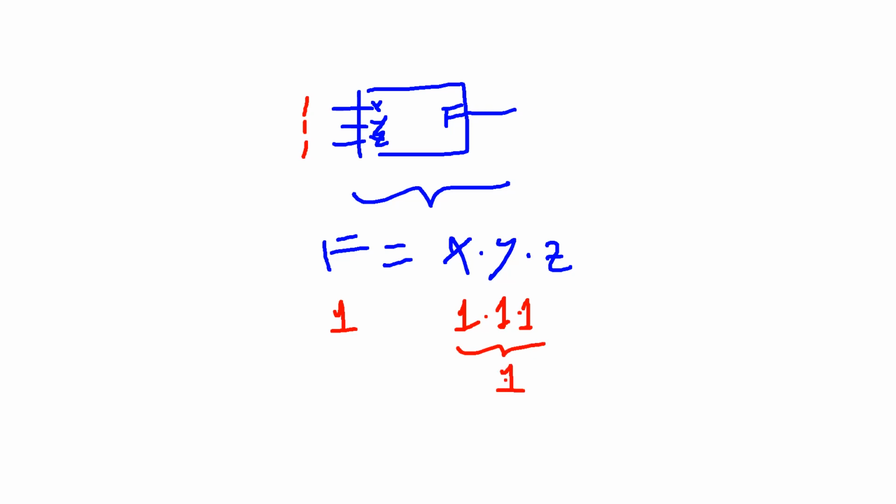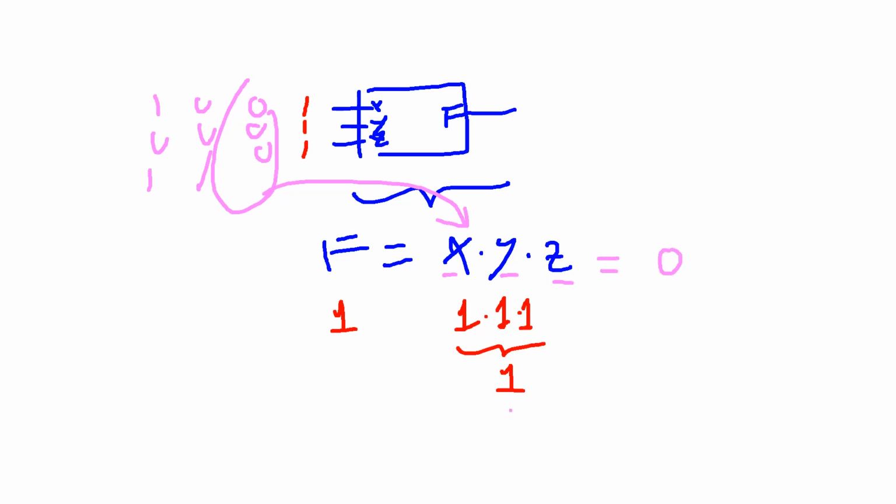For another combination of the input, for example 0, 0, 0, or 0, 0, 1, or 1, 0, 1, if you substitute this value to the input variables, the result will be 0, not 1.